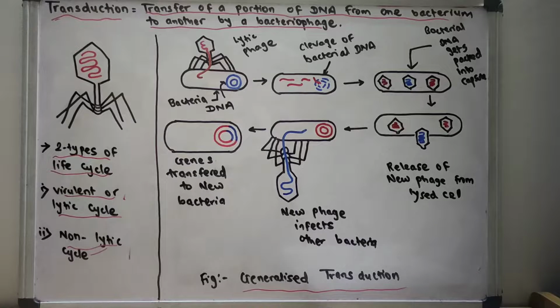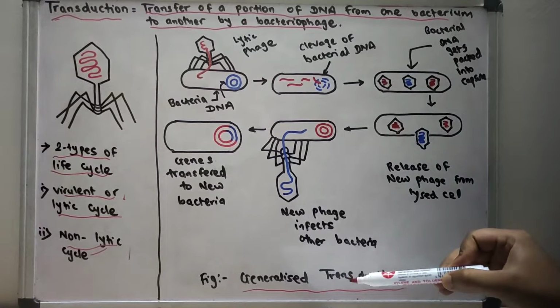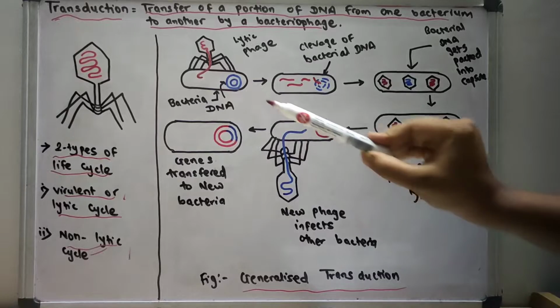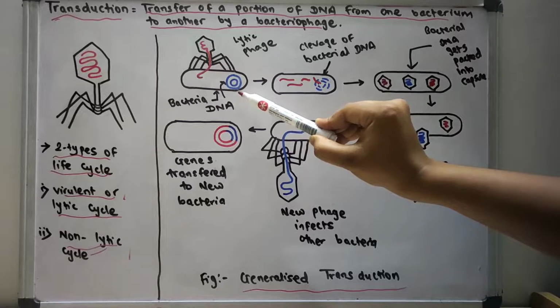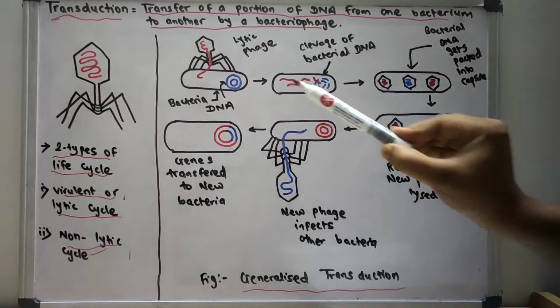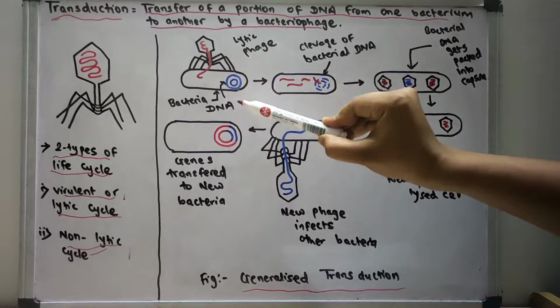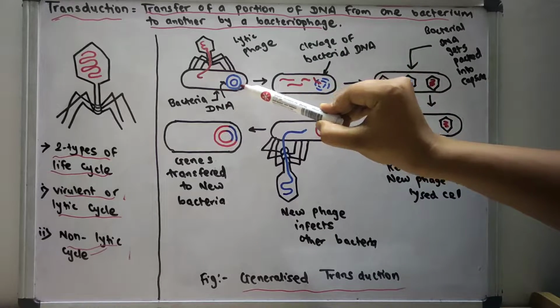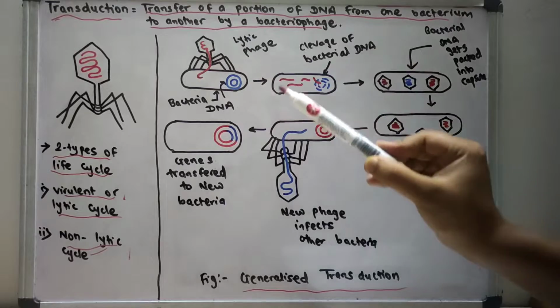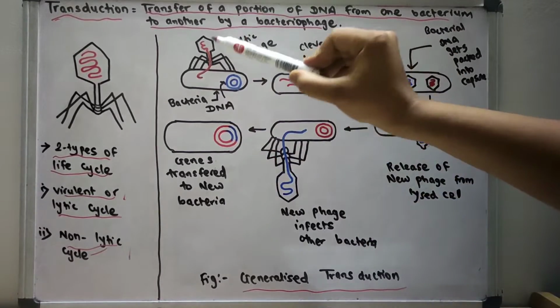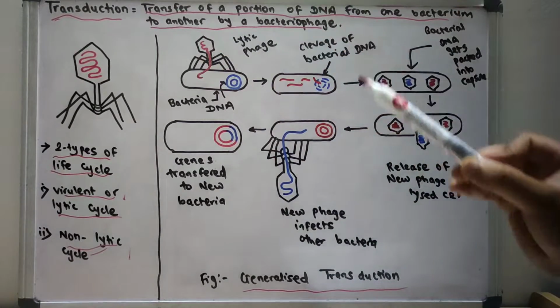I am going to describe the step by step of generalized transduction. In the first figure, you can see there is the bacterium which has its own DNA. The bacterial DNA I have denoted by the blue color, and the bacteriophage DNA I have denoted by the red color.